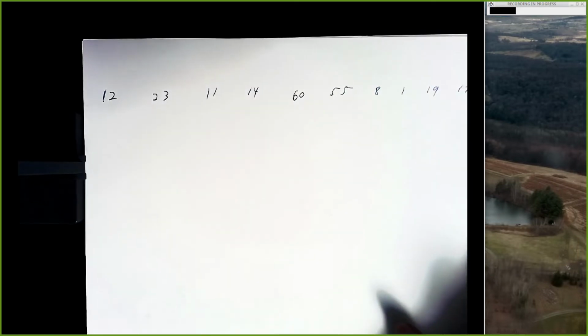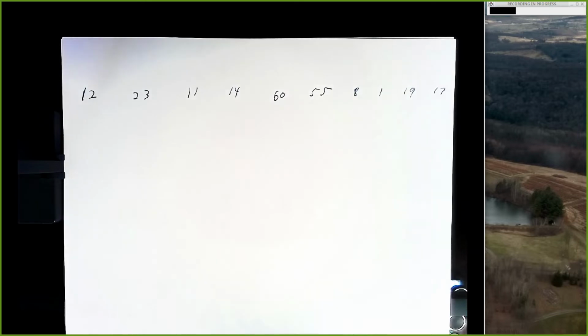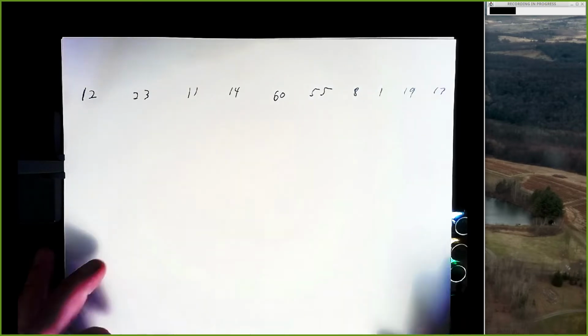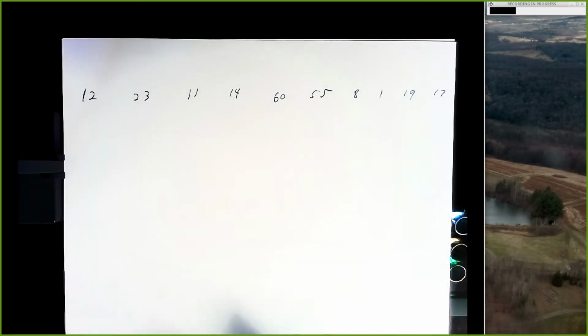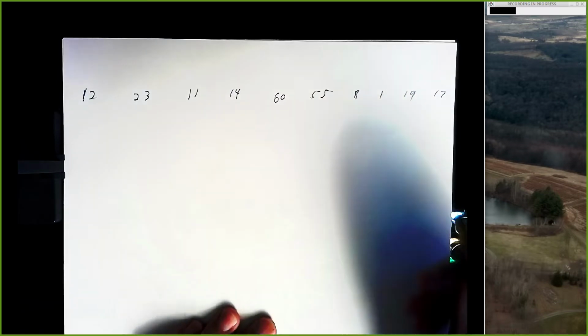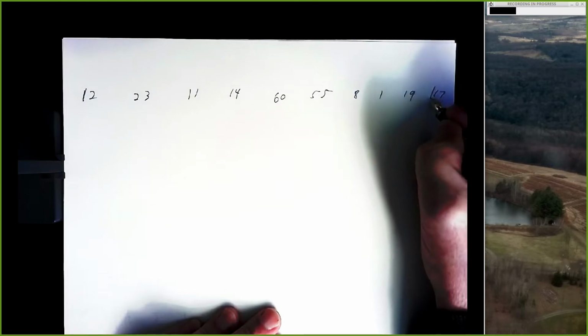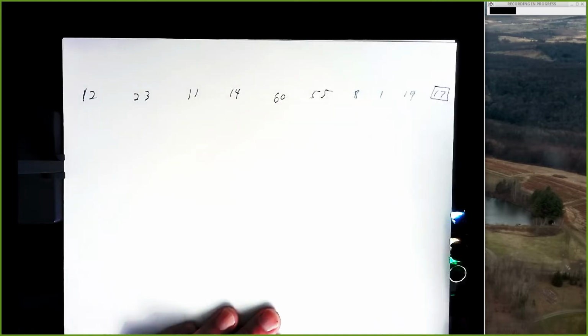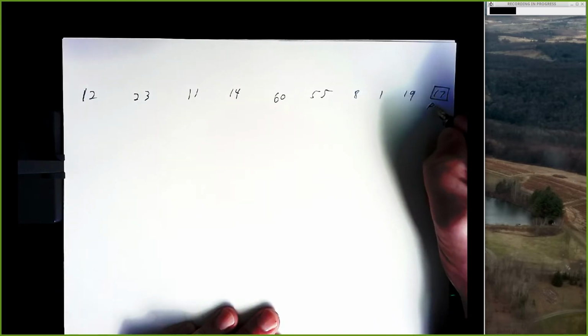All right, so we got 10 numbers. Quicksort begins by picking one number, and this number is going to be called the pivot. In a typical algorithm, we pick the last number in the array to be the pivot. So I'm going to draw a box around the 17, and I'm going to label it pivot.